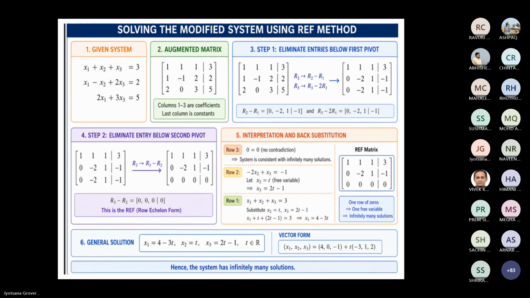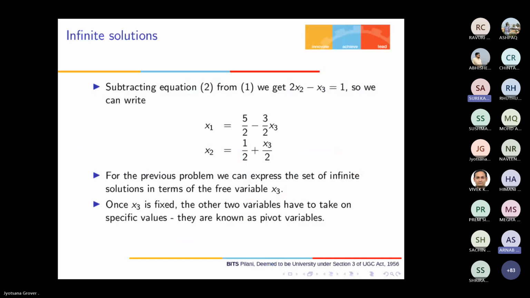Ma'am, sorry, why are you calling it a free variable? Why are you terming it as a free variable? See, free variables are those variables whose associated columns do not contain any leading entry.